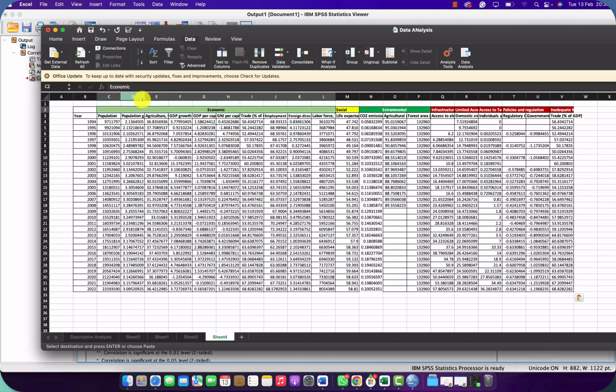All these things, population, agricultural, forestry value added are economic. GDP is economic. But anything that we talk of CO2 emission, which is carbon emission, they are environmental issues. Agricultural methane emission is also environmental. Forestry, like the forestation that we used to encounter, are all environmental.